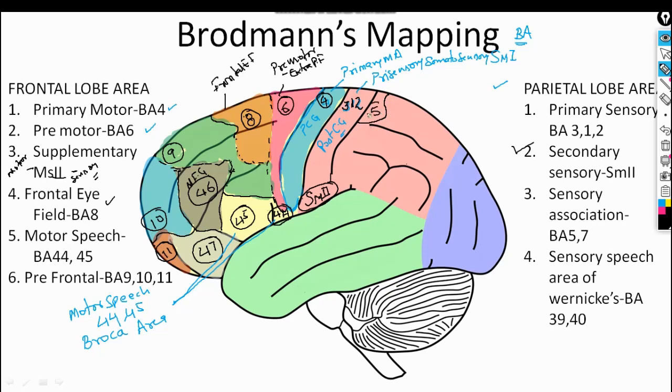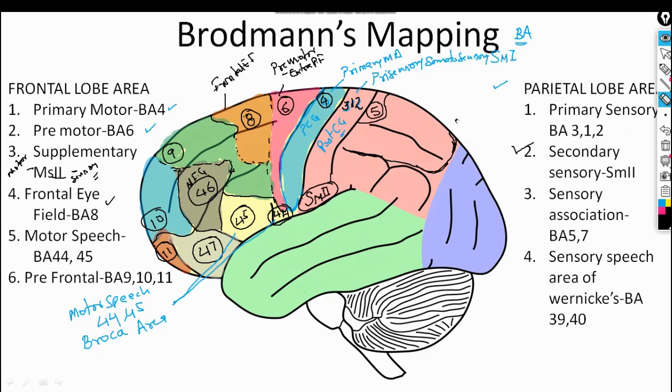And posterior to this Brodmann's area 5, all this we see is the area number 7, and this area number 7 involves all this. Clear?